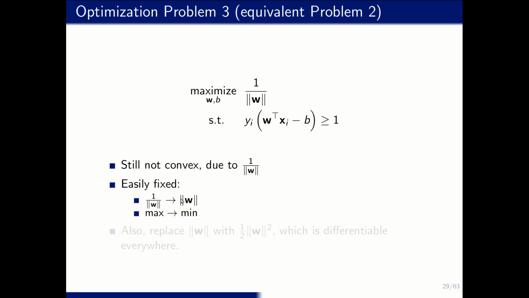Instead of minimizing the norm, we can also minimize the quadratic norm, with this cosmetic 1 over 2. It doesn't really matter if we minimize the norm or the quadratic norm, since the quadratic function is monotonous. So these two are essentially equivalent to each other, but the second one is differentiable and leads to a nicer optimization problem.